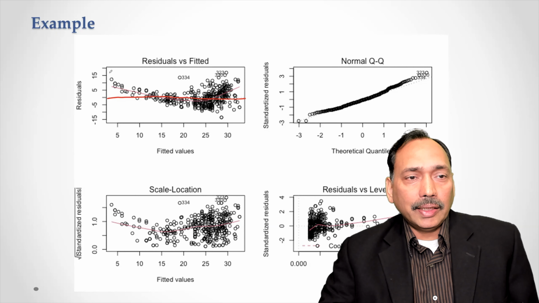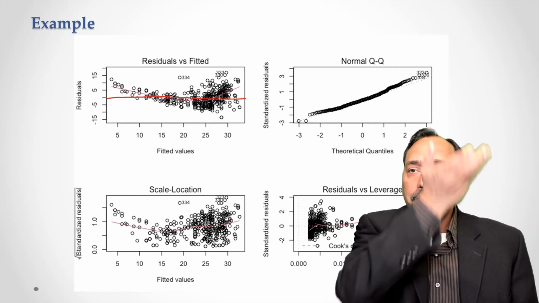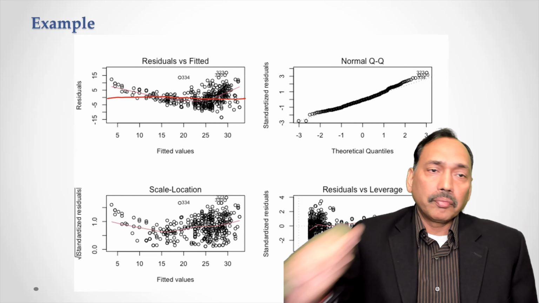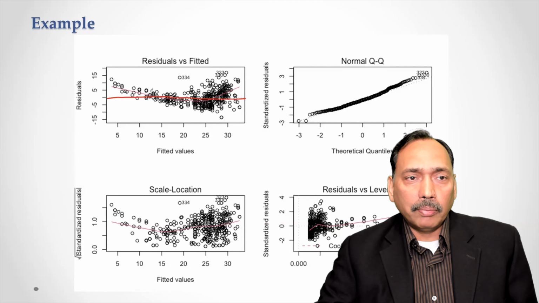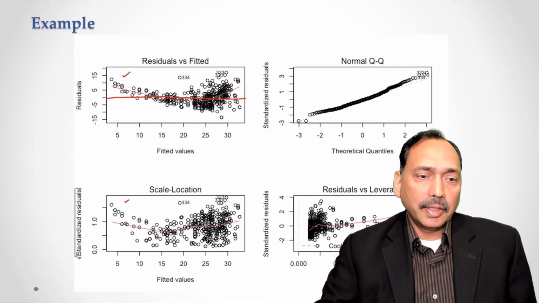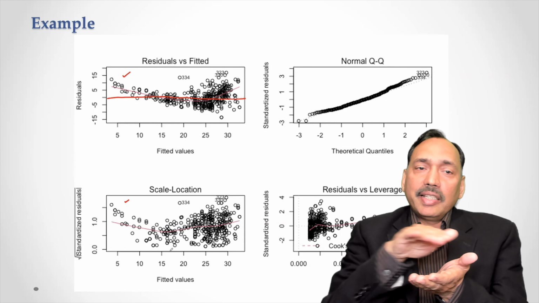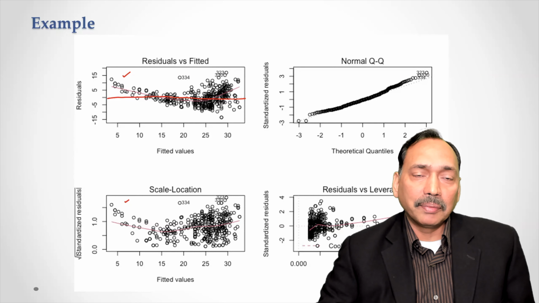But you can see in the fitted versus residual, there is a very clear-cut non-linear pattern. And another thing which is very obvious from the first plot and also this one is that the variability is not within the same kind of range. So you can see there's a lot of variability here.